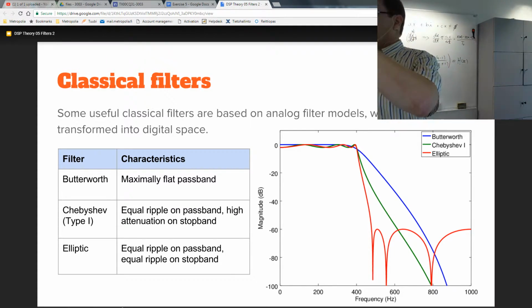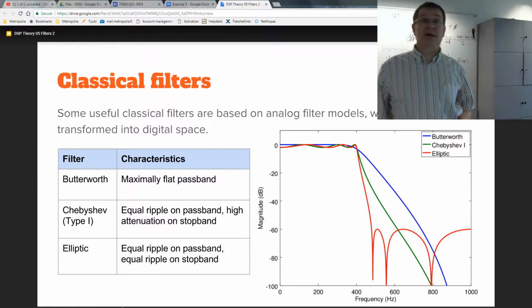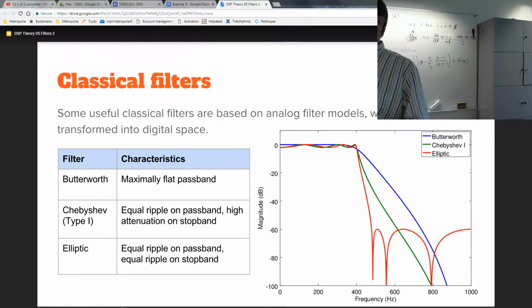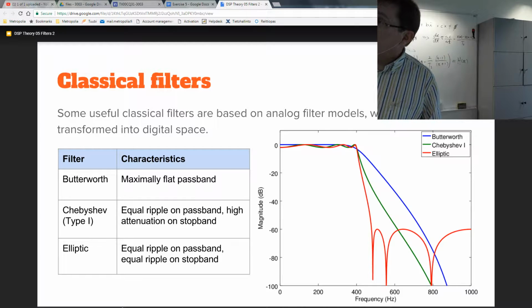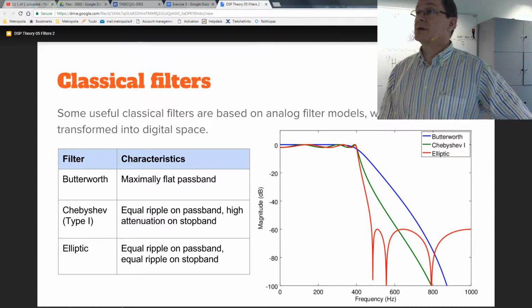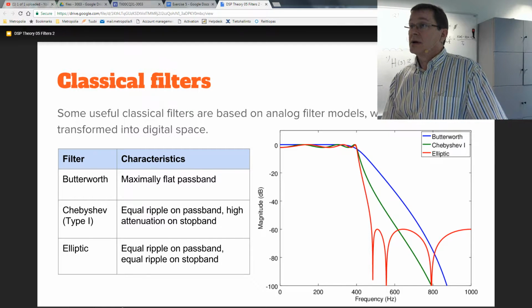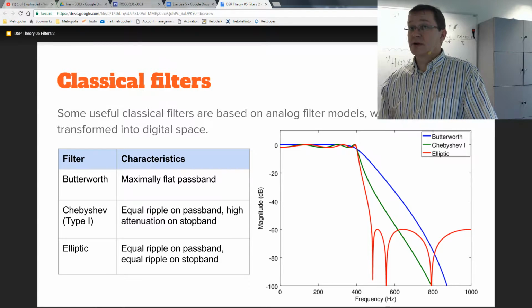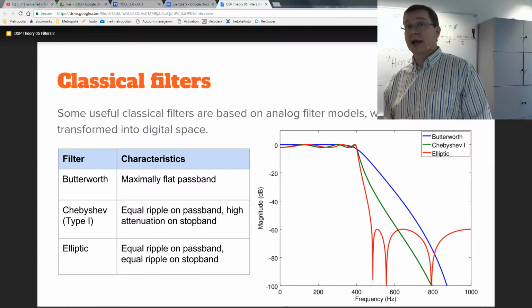Fundamentally, the Butterworth has a maximally flat passband, meaning that it's basically unity gain, and quite simple to design. That was the blue line there, the Butterworth filter, and that's what happens when you do the bilinear transformation to the analog filter.